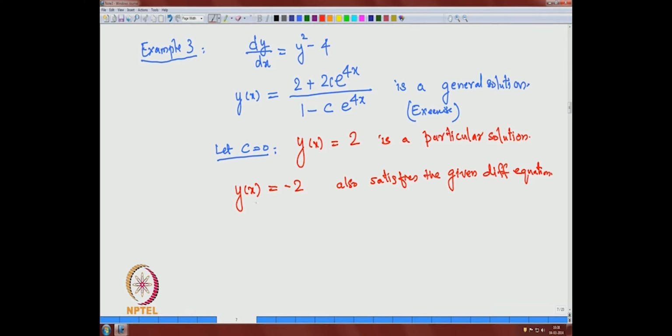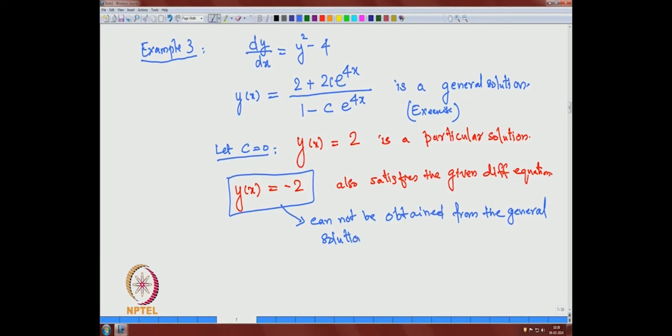So therefore this y is equal to minus 2, this solution that cannot be obtained from the general solution, so this is a singular solution.